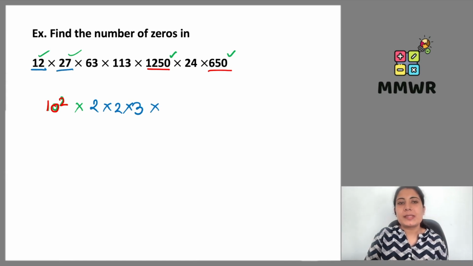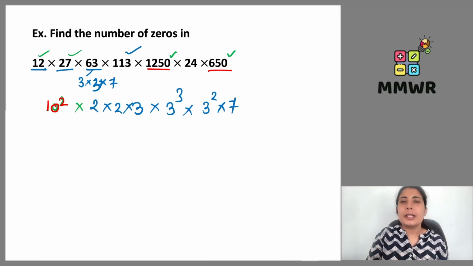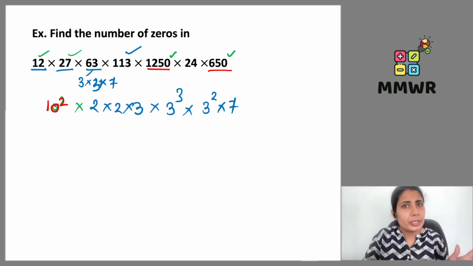This 27, that means 3 to the power 3. 3 multiply 3 multiply 3 gives me 27. 63 can be written as 3 3s are 9, 9 7s are 63. So 3 square multiplied by 7. Then 113, I am leaving this because I am not going to get any 5 or 2s from here.